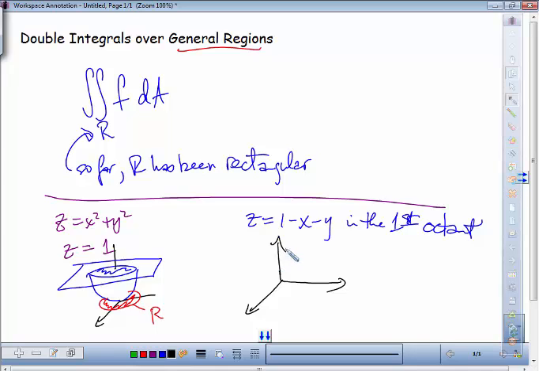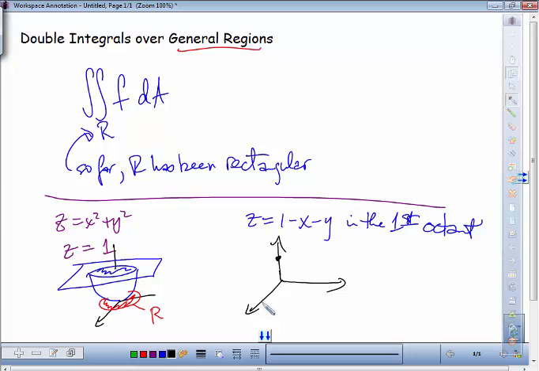But one way we can approach this is to see where it intersects the z-axis, the x-axis, and the y-axis. How would you find where this plane intersects the z-axis? You set both x and y equal to 0, so you're up on the z-axis, and whatever the z value is, that's where it intersects the z-axis. So in this case, z is equal to 1 is the intersection.